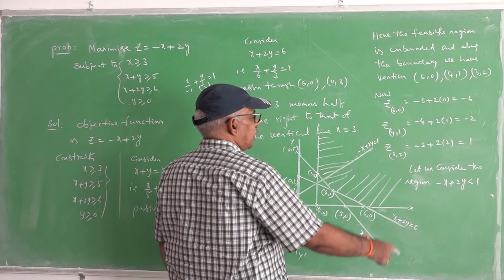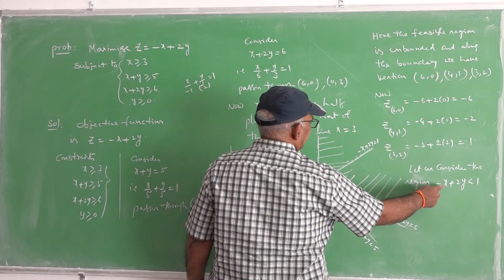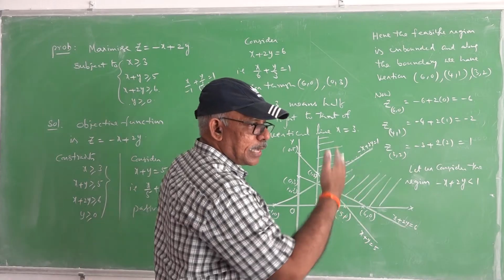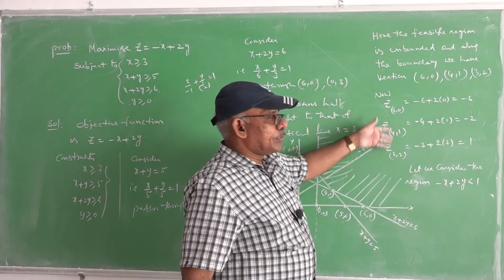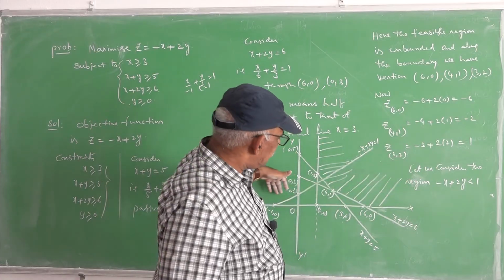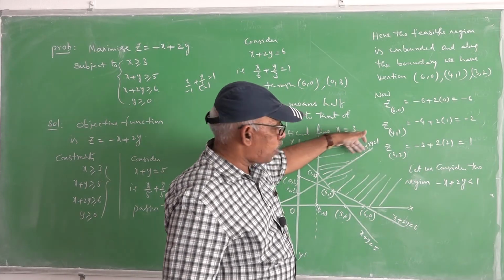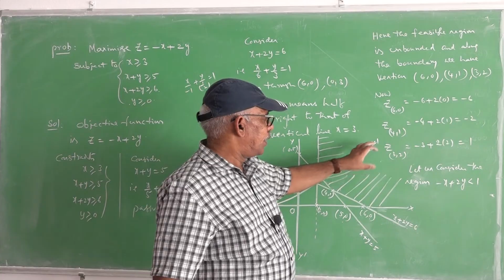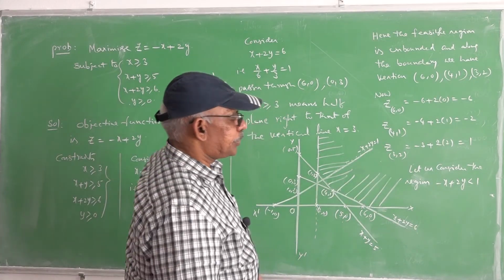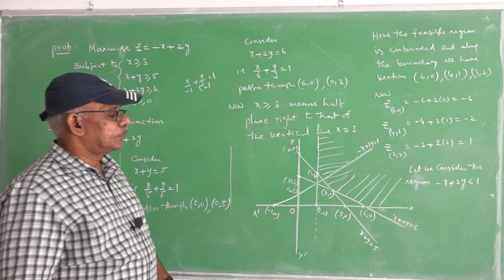Once you draw the line, minus x plus 2y less than the maximum of z obtained here, which is less than 1, then there are so many points of the feasible region on this line which satisfy that inequality.